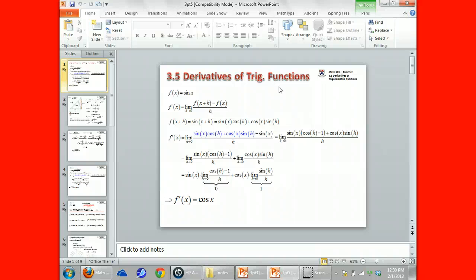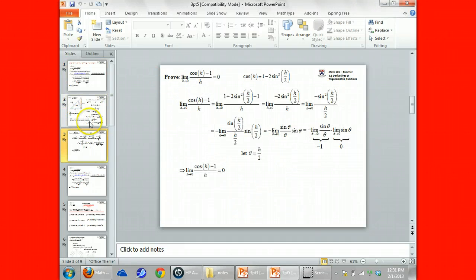And so if you want to know why, you're going to have to go back to the squeeze theorem video on our webpage to see how I went about doing that. I proved both of these in that video, and I have it here too, but I'm not going to go through it.